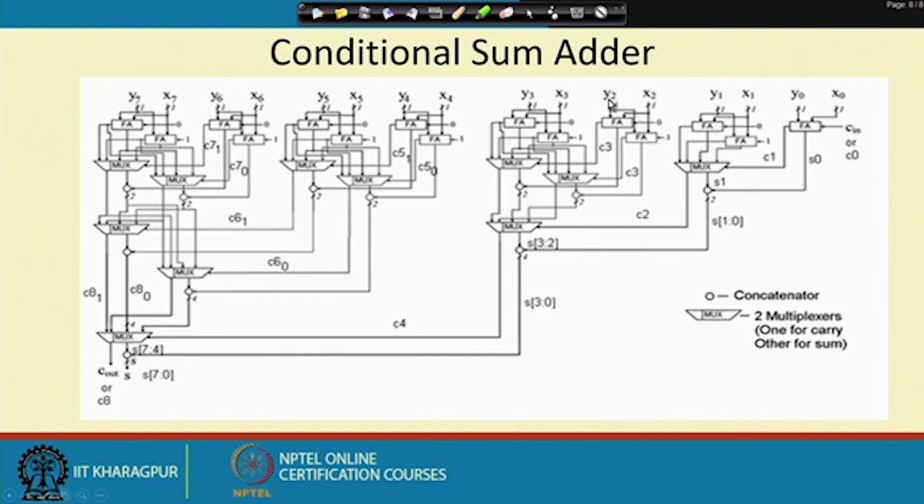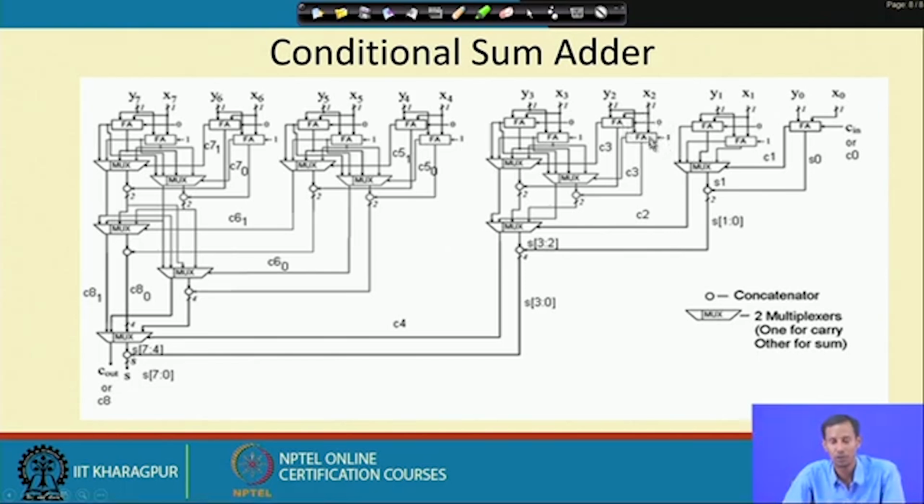Again there are two full adder cells, one considering 0 carry in and another considering 1 carry in. Then again for y 3 and x 3, I have to use two full adder cells, one for 0 and another for 1. This stage can also generate the carry.